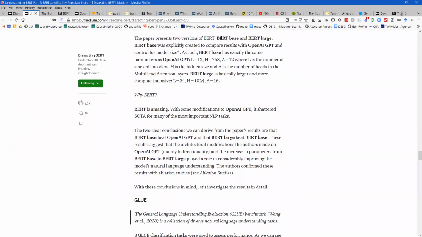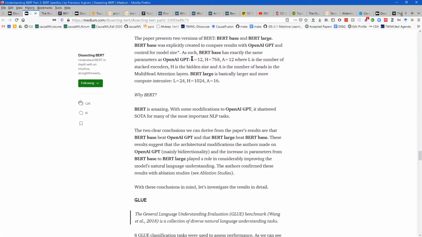So here it says BERT base and BERT large, and then OpenAI GPT, as Gautam said, not GPT-2. BERT base has exactly the same parameters as GPT. So there are 12 layers, and the size of the hidden layer is 768. L is the number of stacked encoders, H is the hidden size, and A is the number of multi-head attention layers.